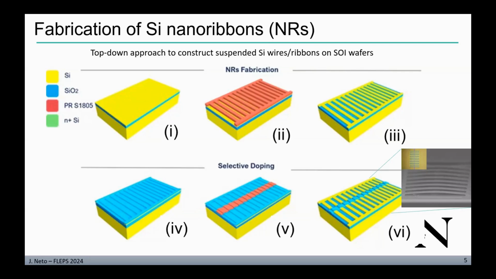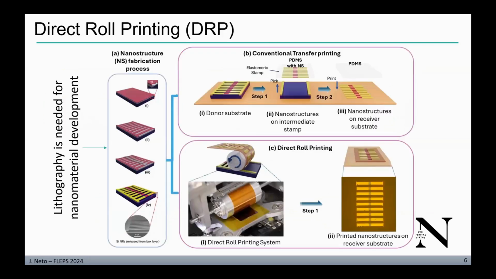Once you have this photoresist, you define this window, you etch the oxide underneath, and there's also a selective doping that takes place. Once you do that, this is the doping, this is the fabricated device, and you etch the oxide under the ribbons, and after etching, you get structures such as this one shown in the SEM image. So you now have the doped area as well as the ribbon, which are then transferred using direct roll printing.